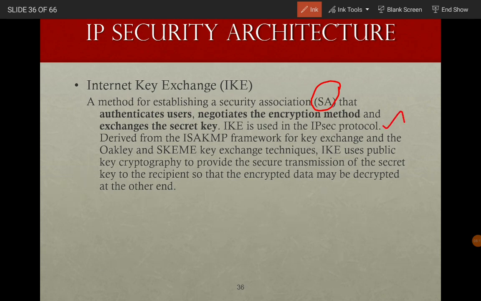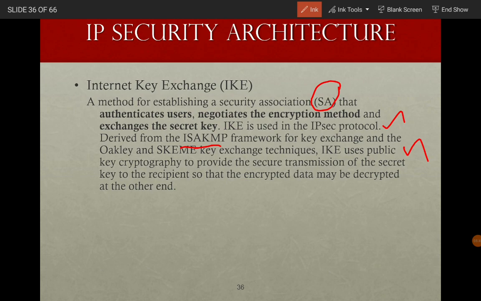It is used in the IP protocol and it is derived from the ISAKMP framework and the Oakley and SKEME key exchange techniques. And this IKE uses public key cryptography. We know that in public key cryptography we have two different keys, one for encryption and one for decryption.